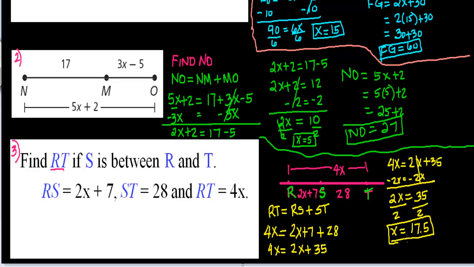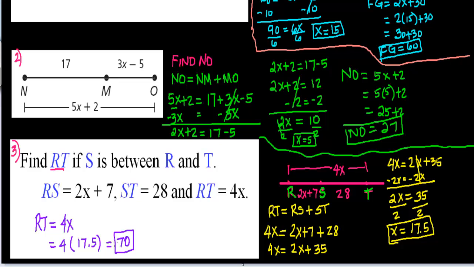Now I know what x is. They want me to find RT. So I'm going to write that here. RT equals 4x. So I can substitute 4 times x, which is 17.5, and that will equal 28, 68, and 2, 70, if I'm not mistaken.